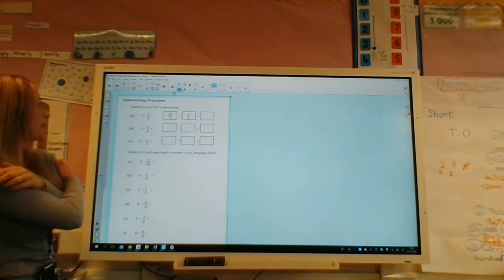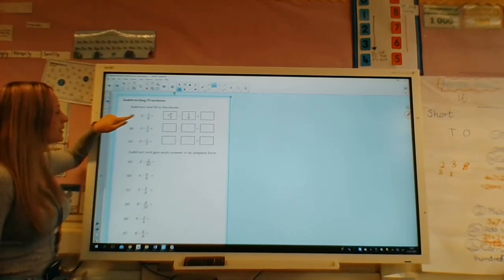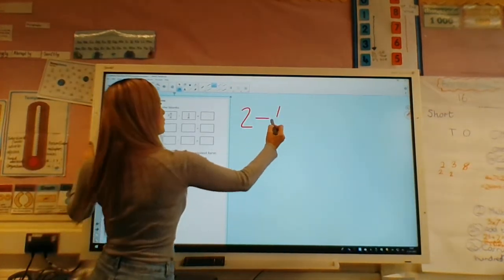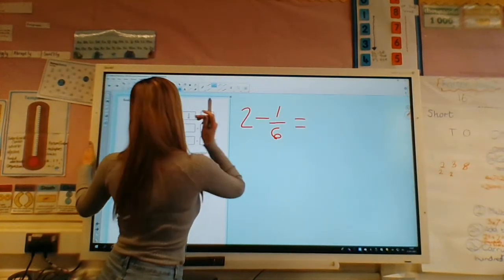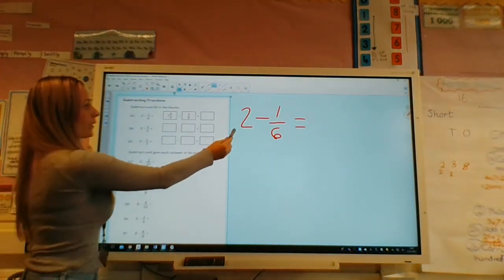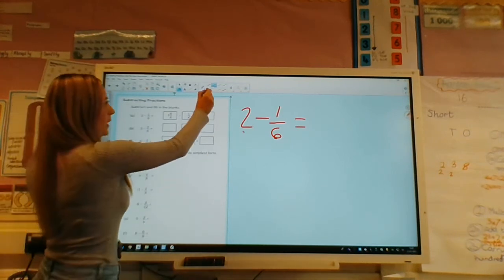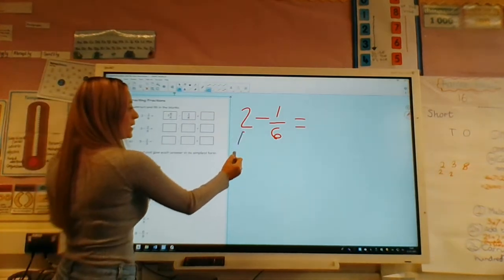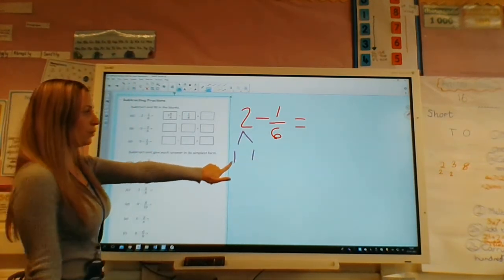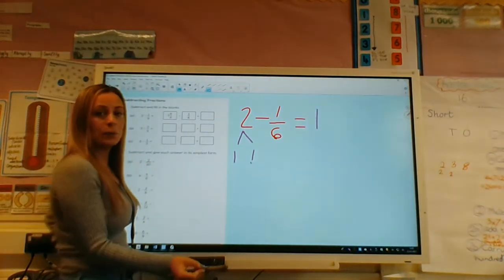Okay, so this is your task today. The first thing you need to do here, look, the example's done for you. This says, I'll make it a bit bigger so you can see, 2 subtract 1 sixth. So what we need to do here is convert this whole number into a fraction to be able to subtract it. So 2 is made up of one whole and another whole. We're going to keep one of the wholes here, and all we're going to do is convert this whole into a fraction.